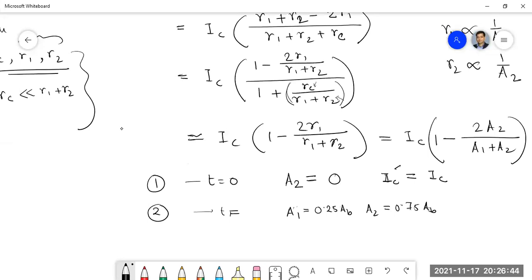AB is the area of the brush. So it is in contact. So I have written in just opposite, isn't it? So A1 will be more, 75, and this will be 25. Now what will be the IC prime in that case?